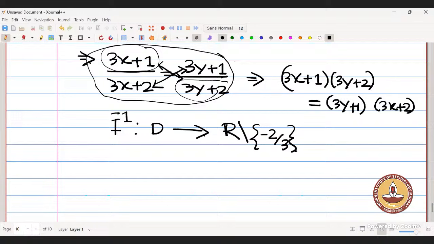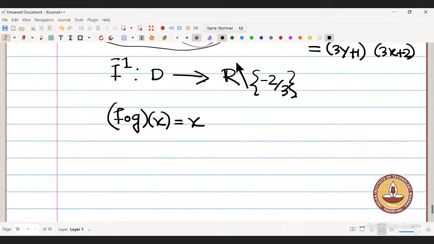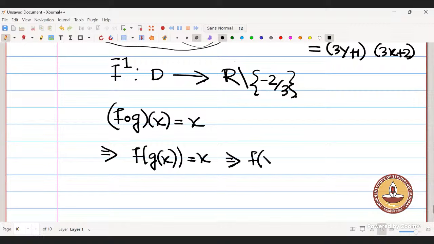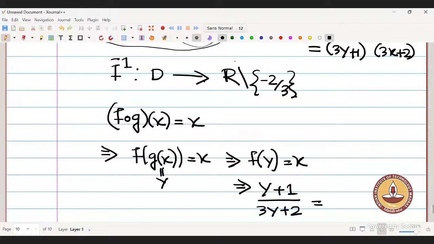By the same way, sir, considering g of x equal to y. Right? This is x. That means f of g of x equals x. I'm considering this equal to y, so f of y is equal to x, right? And f of y is y plus 1 divided by 3y plus 2, which is x.